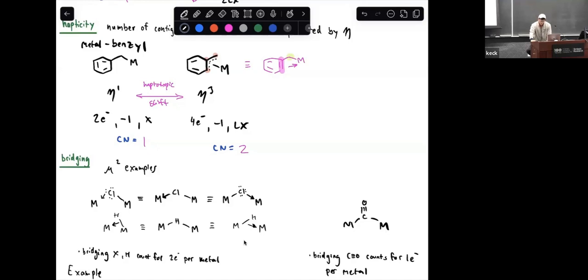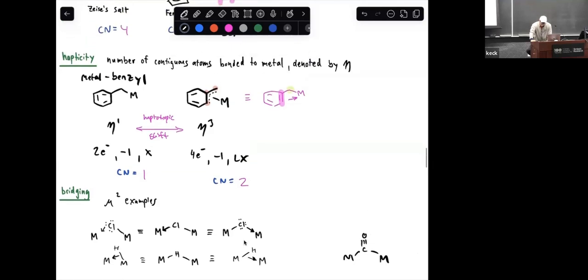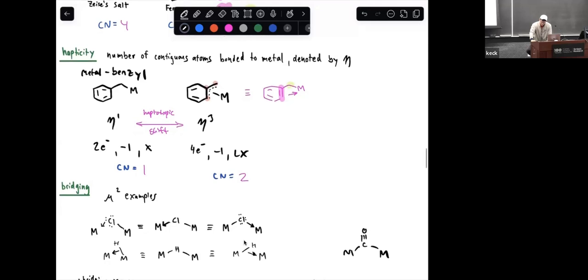The example here is metal benzyl, but by analogy, metal allyls have the same property: the eta-1 and eta-3 forms have pretty diagnostic NMR signatures in proton, or in some cases phosphorus if you have phosphine ligands. And then classically, people would read this out by IR as well, although that's less common these days.